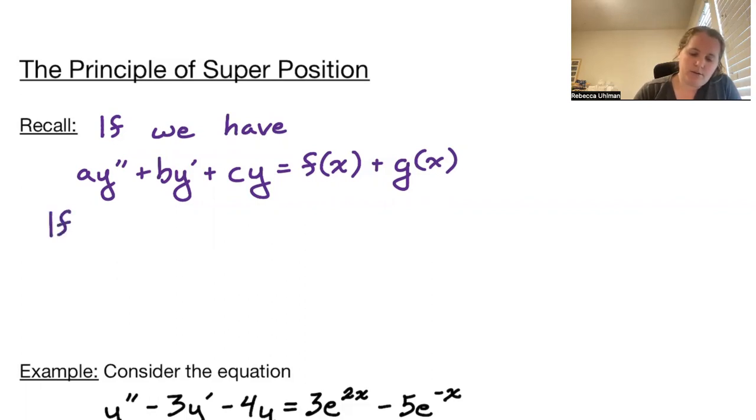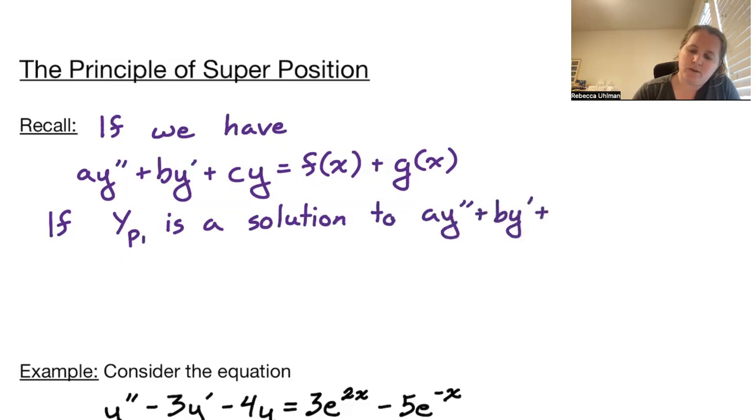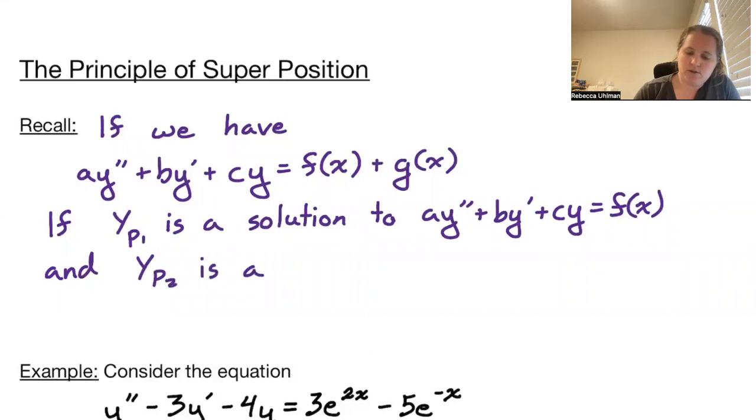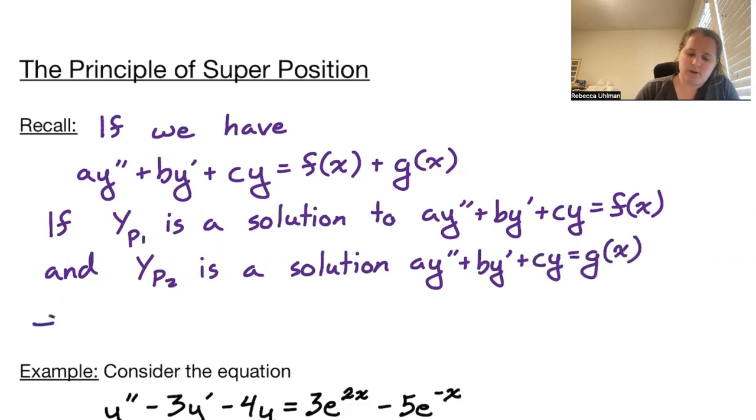So if we have yp1 is a solution to ay double prime plus by prime plus cy equals f of x, and yp2 is a solution to ay double prime plus by prime plus cy equals g of x, then we can take our yp to be yp1 plus yp2.